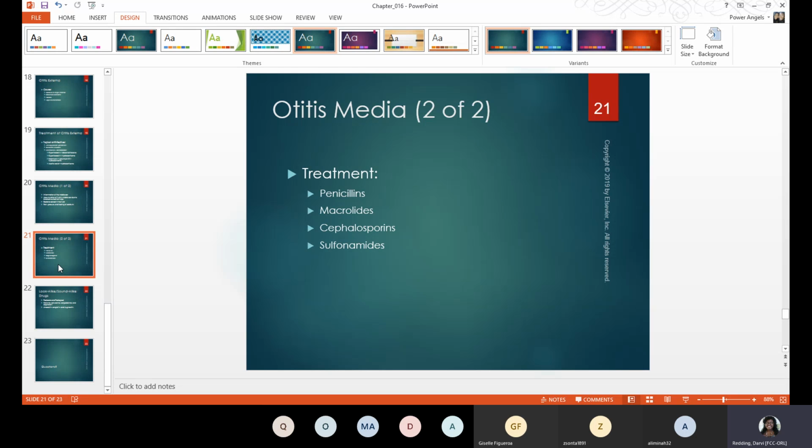An example would be penicillins, macrolides, cephalosporins, or sulfonamides. Now, all of these, again, sound very different and very unique, but these represent the classes of drugs. There are certain medications that have names. So an example of a penicillin might be amoxicillin, or penicillin itself.